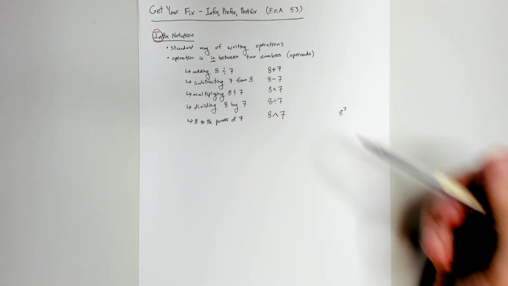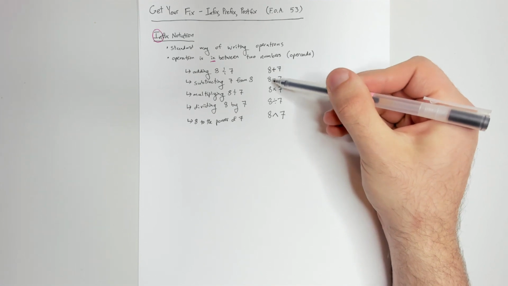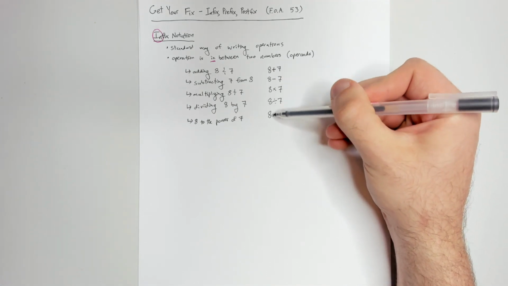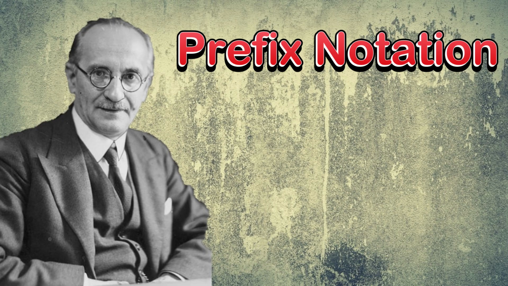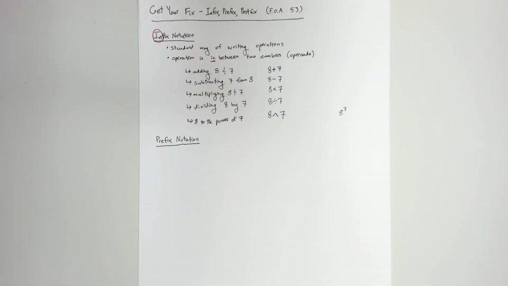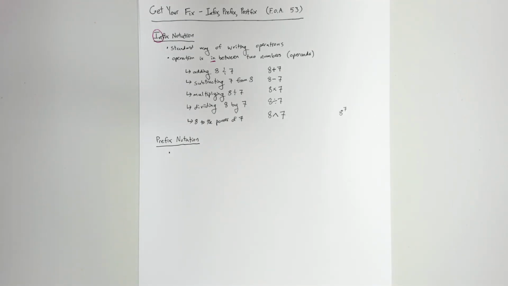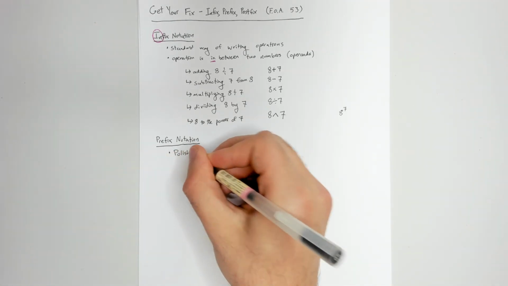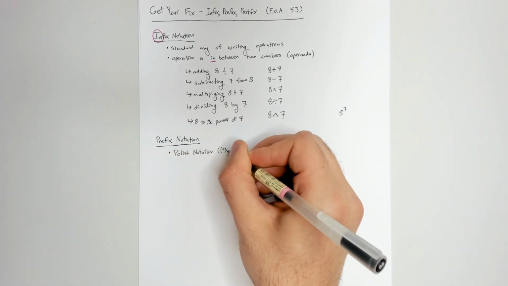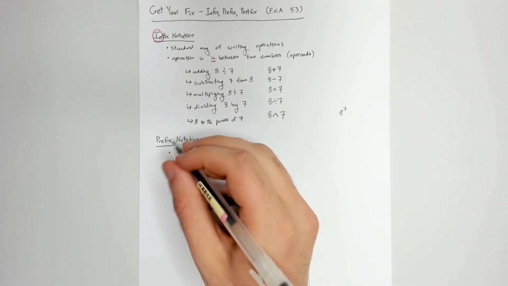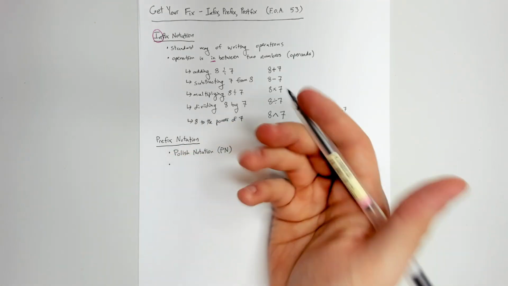Okay, so now we're going to challenge this notation. We're going to change what it looks like, and we're going to do that by changing where we're actually putting the operation. Prefix Notation. The first way we're going to do this is by using what's called prefix notation. This has a few different names. Sometimes it's called Polish notation, or PN for short, and sometimes it's also referred to as Łukasiewicz notation.